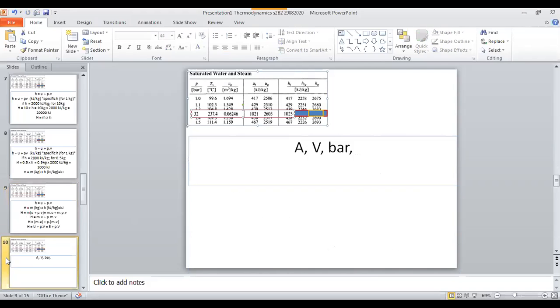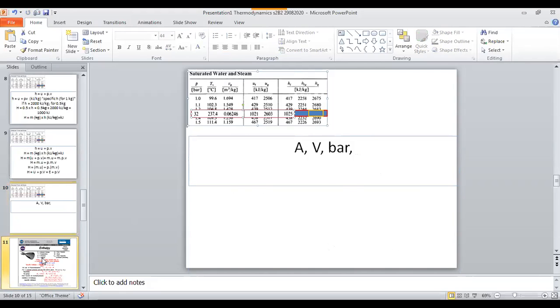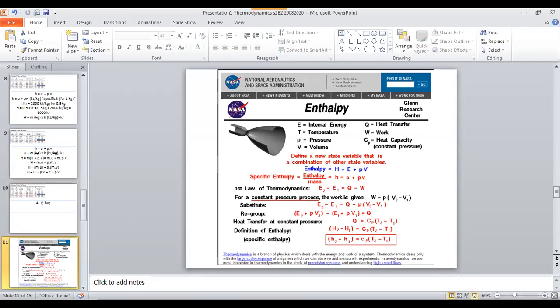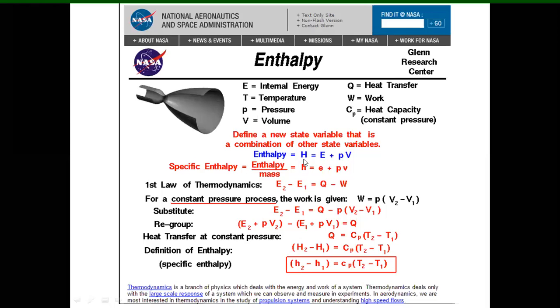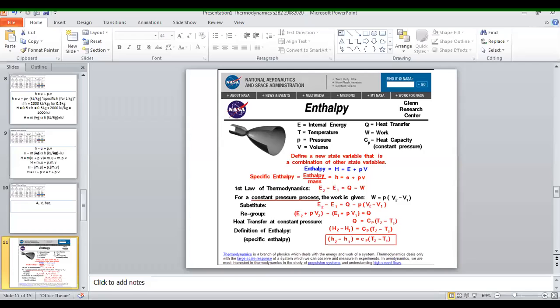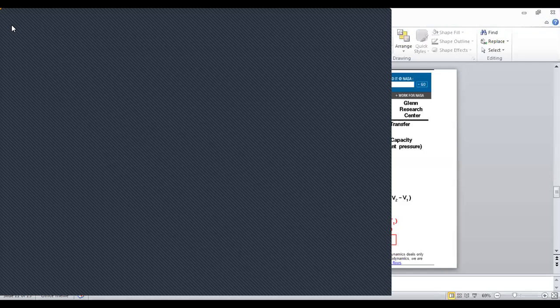That's why on the NASA website you can see H as E plus PV. Quite interesting.